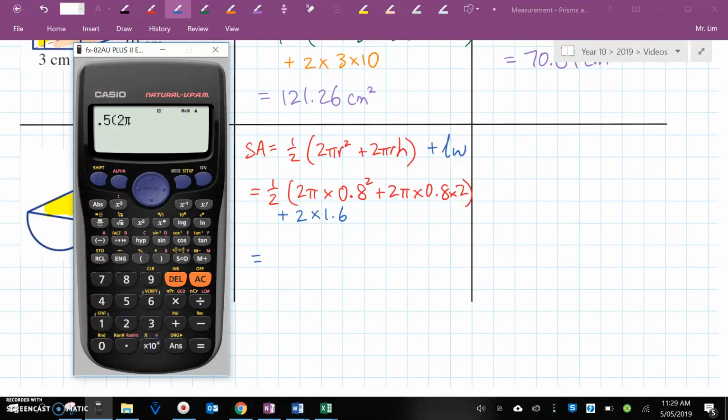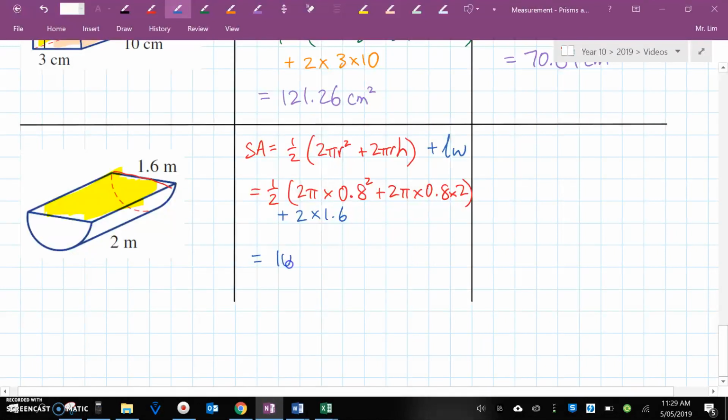Half times 2 pi times 0.8 squared plus 2 pi times 0.8 times 2. Close the bracket. Plus the rectangle, 2 times 1.6, which is 10.24 square meters.